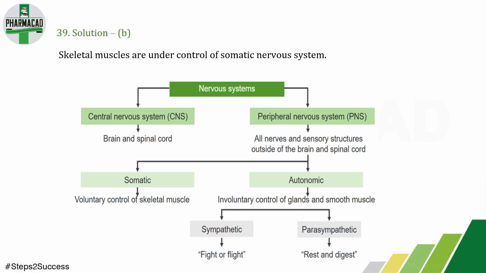It has two parts, that is somatic and autonomic. So for the skeletal muscle, the somatic nervous system is responsible. Hence skeletal muscles are under the control of the somatic nervous system. And what they have asked, for the autonomic nervous system, the targets are the exocrine glands, endocrine glands and the smooth muscles.